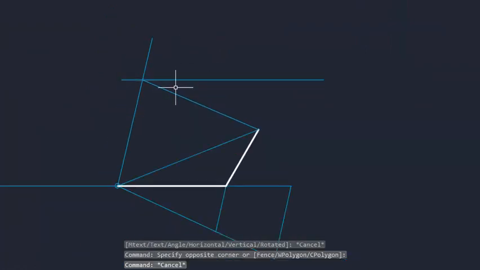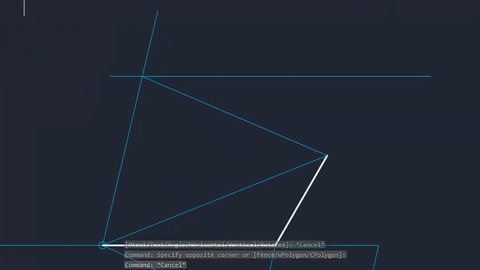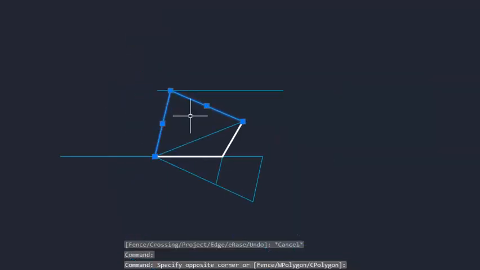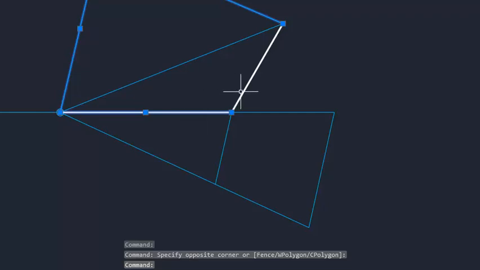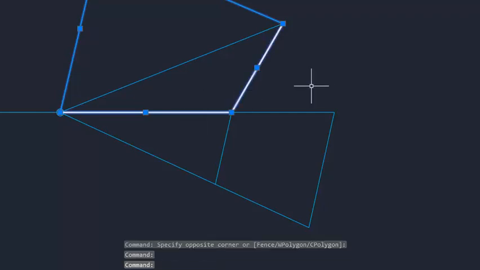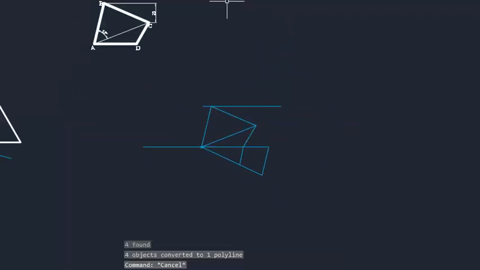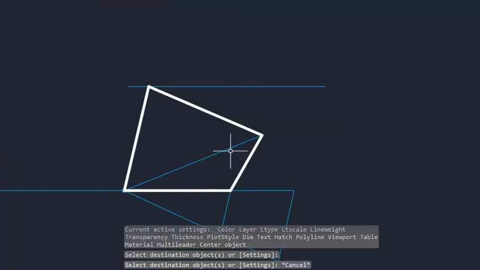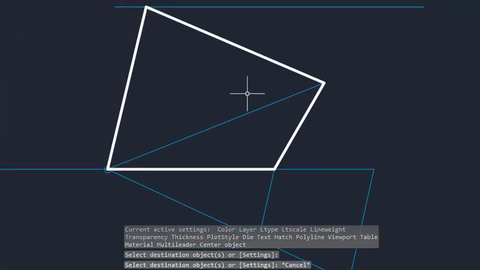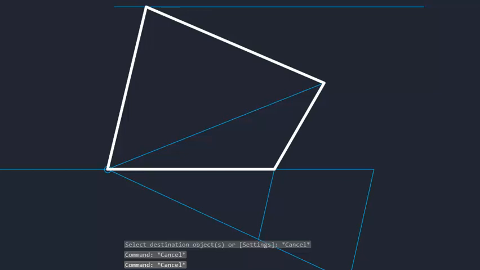So if I'm viewing this and this, I'll have figure A, B, C and D. By doing those three, I'll have figure ABCD, and this one will be the figure that is required. This angle is 55.